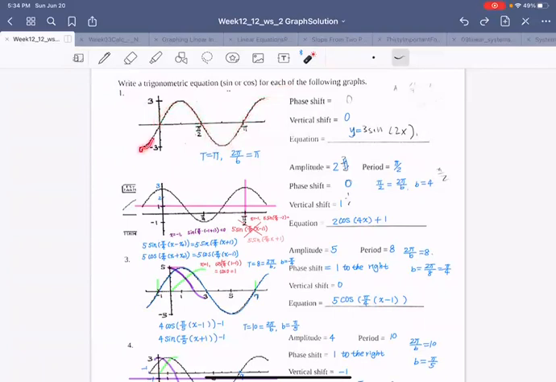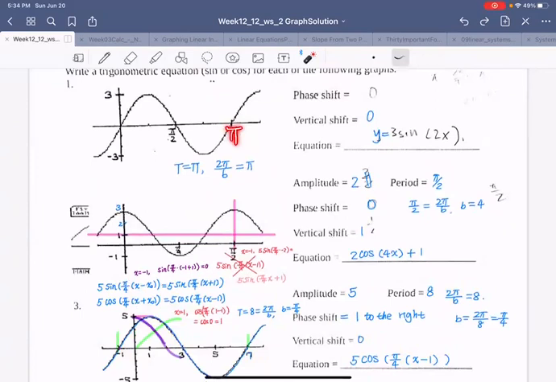So this is a perfect function for sine. That is the 3, and amplitude is 3. T is pi. 2 pi over b equals pi. So b is 2. Oh, this is easy. Next question is still easy.